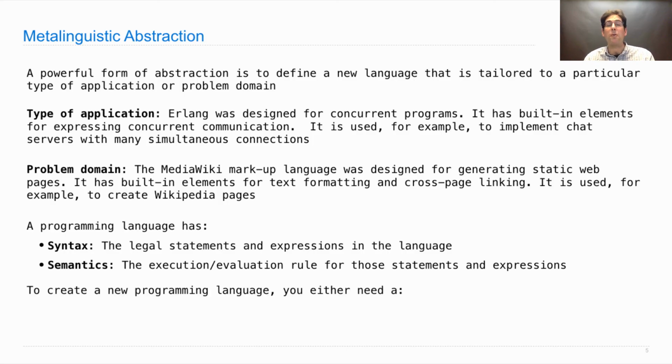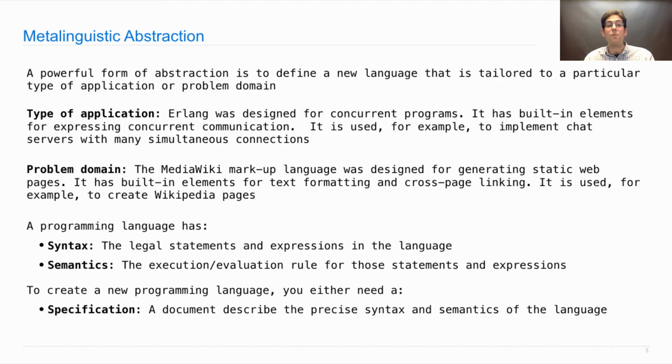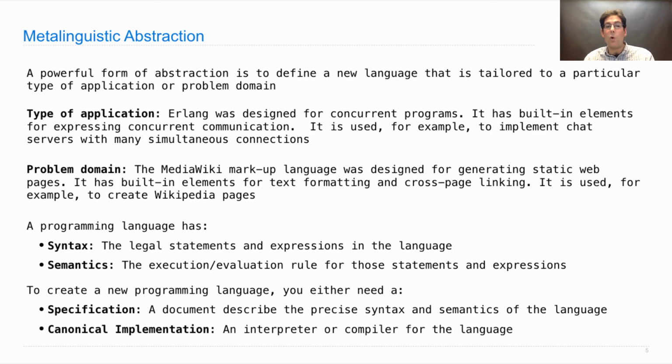To create a new programming language, you either need to write down a formal specification as a document that describes the precise syntax and semantics of the language, or you need to build an implementation of an interpreter or compiler for the language which serves as the reference to describe the syntax and semantics. Any input into the canonical implementation that doesn't cause it to crash would be legal syntax, and its behavior would define the semantics.